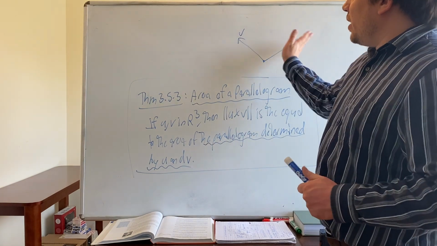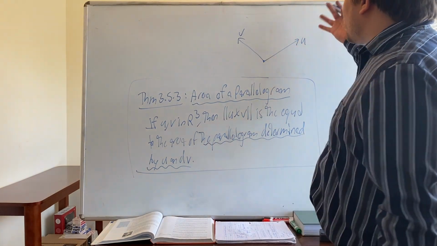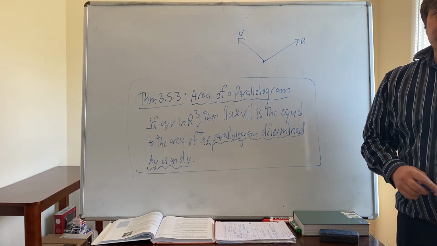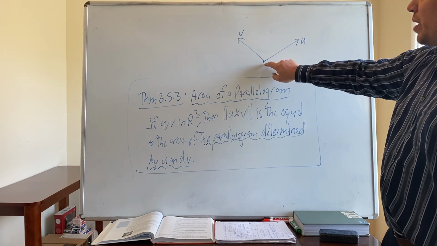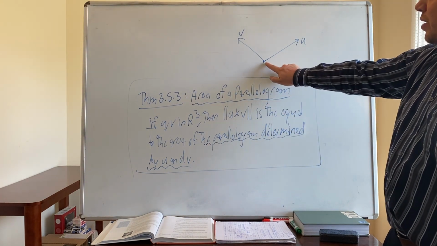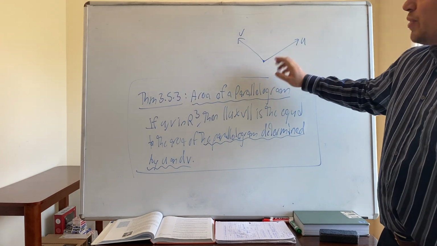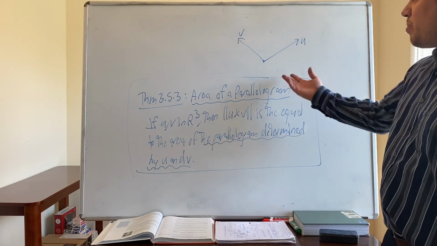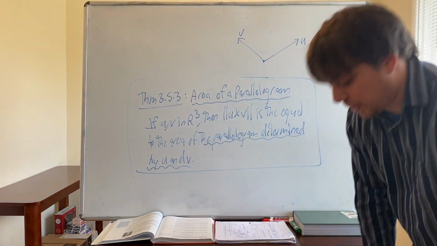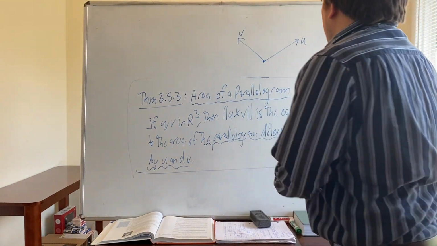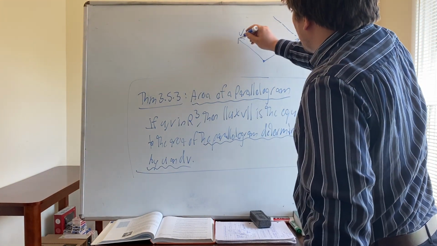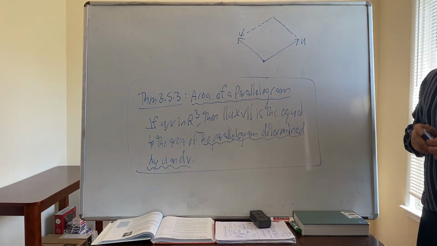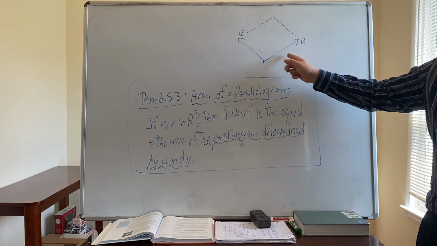So the parallelogram determined by u and v is a parallelogram with adjacent sides the vectors u and v. If you take the vectors u and v and place their initial points at the same point, like here, then the parallelogram determined by u and v is the parallelogram that has adjacent sides u and v. It looks something like this. There's exactly one parallelogram that has u and v as adjacent sides, adjacent meaning next to each other.